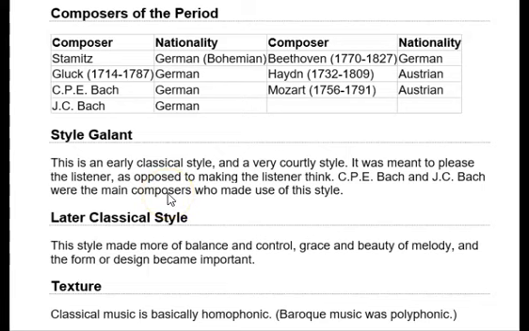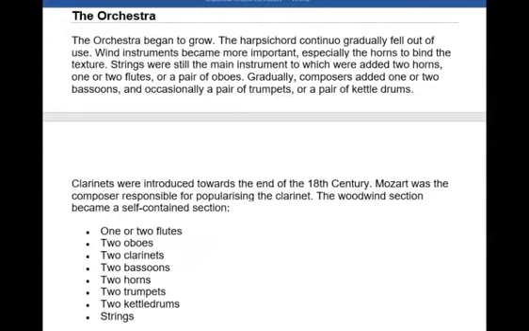The later classical style made more use of balance and control, grace and beauty of melody, and the form and design became important. Now, the texture of classical music is basically homophonic. You'll hear in the background, I have a melody and accompaniment. Baroque music was mainly polyphonic.